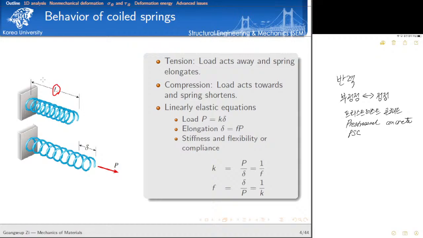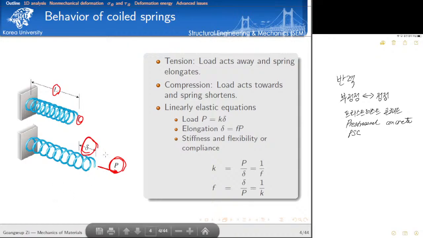But here we will talk about the concept of one-dimensional analysis, which is kind of an analogy of our system. So let's consider this spring only. If you apply a force to the end of this spring, then we must have a certain elongation. Here the load is measured by capital P, and then we have elongation.